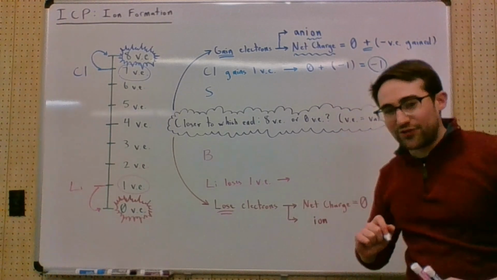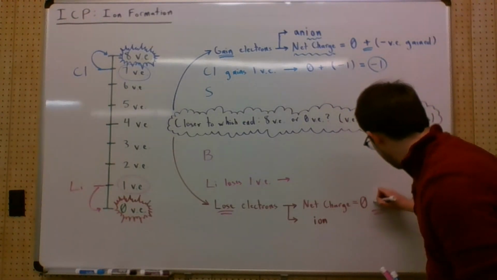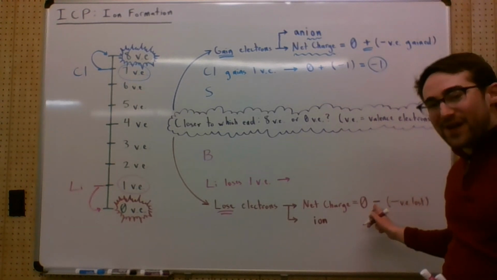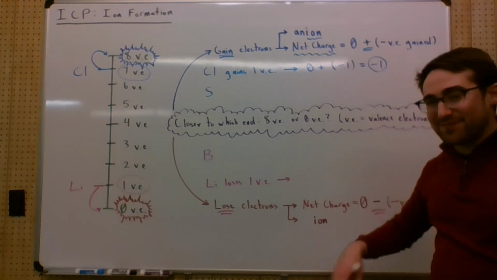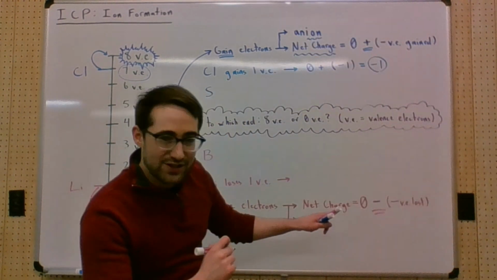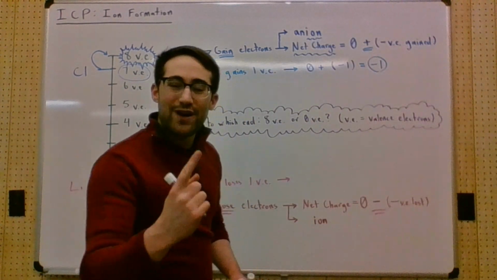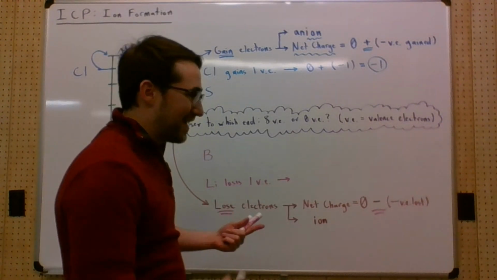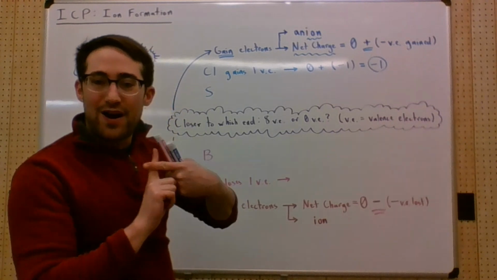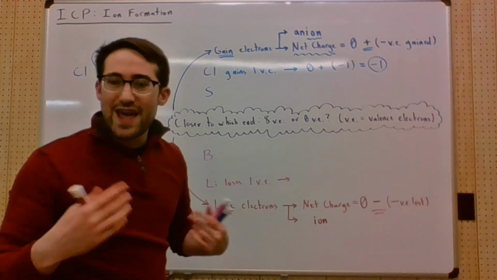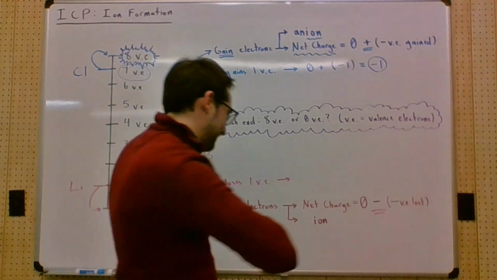My atom starts neutral. And then I subtract the number of valence electrons that I am getting rid of. Again, the valence electrons are negatively charged. So I am losing one negatively charged electron. So it's going to flip the sign. Minus a negative makes a positive.